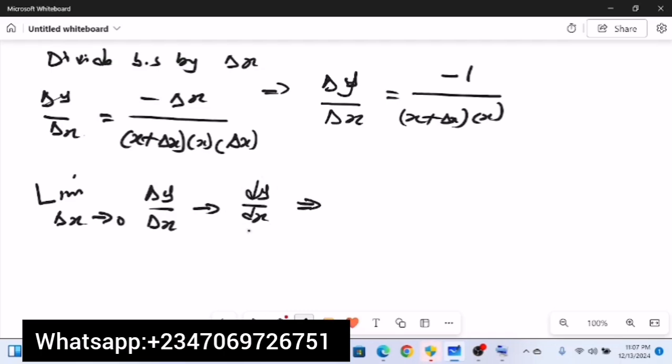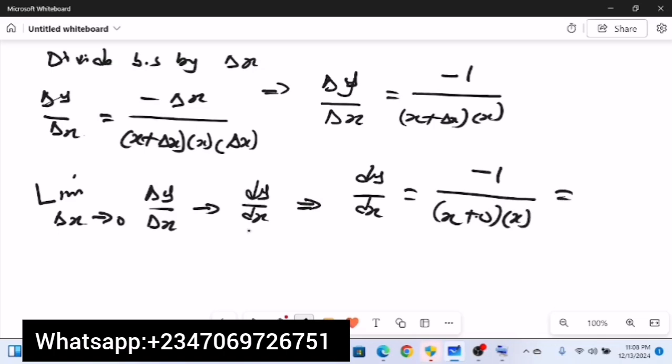So this simply implies in place of change in y over change in x, we simply have dy all over dx, and this is going to be equal to, I have negative 1 divided through by x plus change in x, but change in x now is taken as what? 0, if that theorem must hold true. So change in x taken as 0. So I have x plus 0 times x. So this is actually equal to negative 1 all over x plus 0 remains x, so I have x multiplied by x.